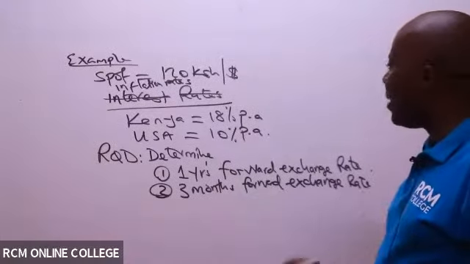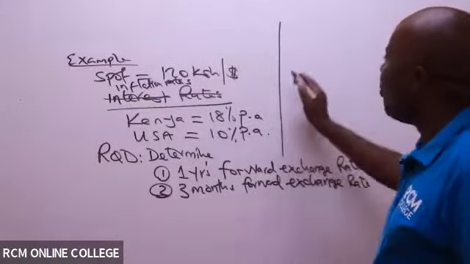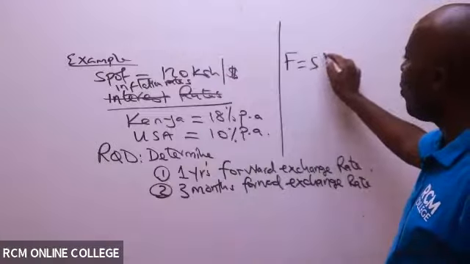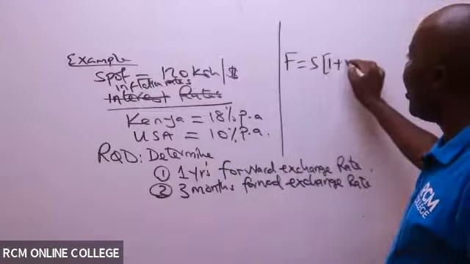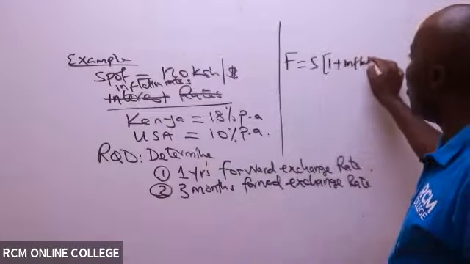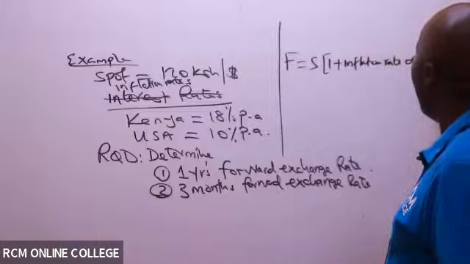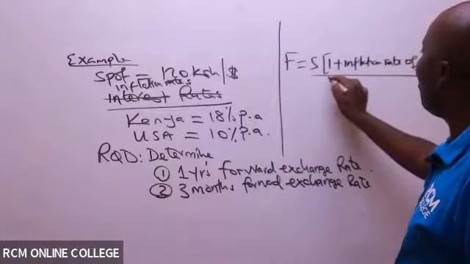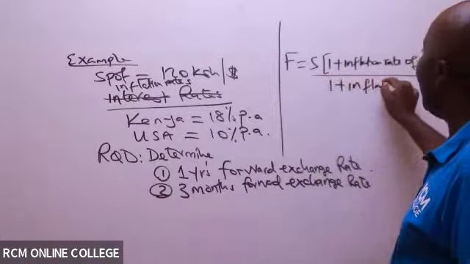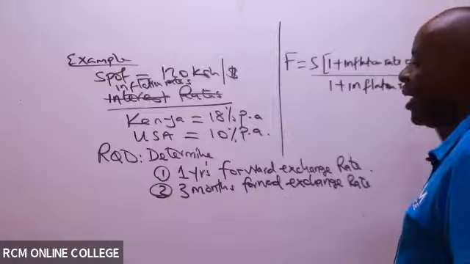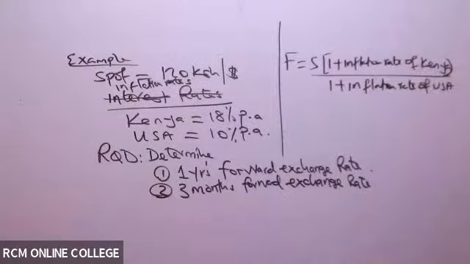As I write my formula for prediction, I know that the forward will be equal to the spot into 1 plus inflation rate of Kenya, all over 1 plus inflation rate of USA.